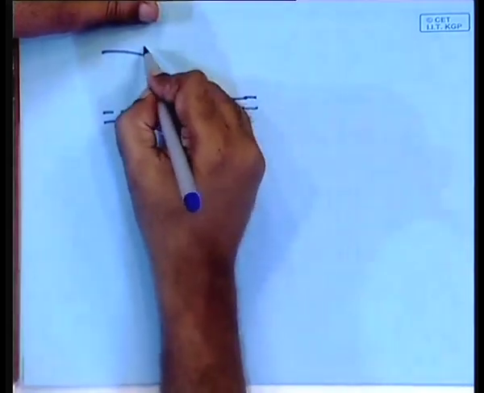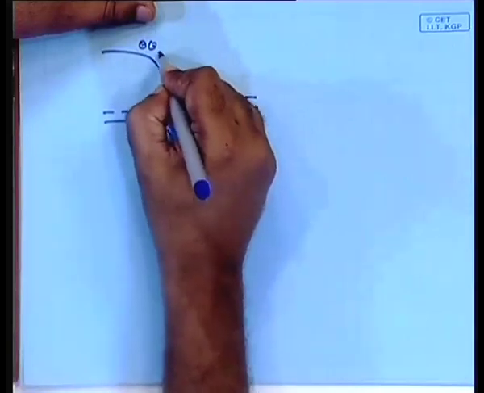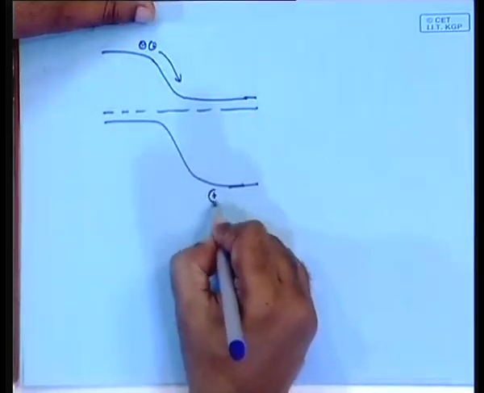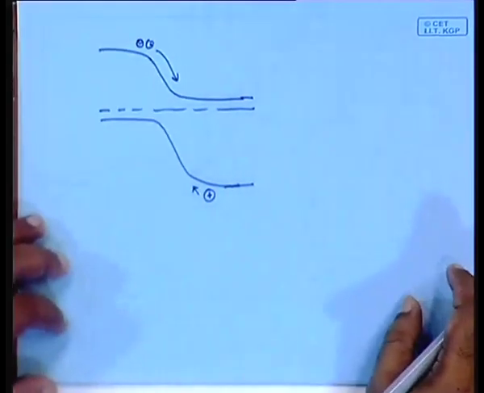And if you have electrons produced, they flow down, and the holes produced, they flow up. That is the essential thing that you have learned.